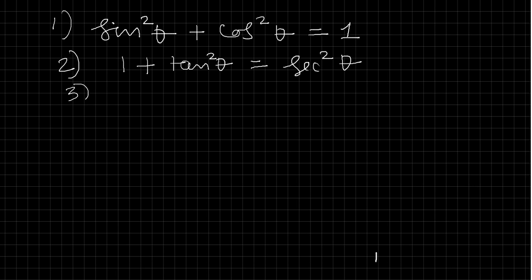And the third one is 1 plus cot square theta is equal to cosecant square theta. These are the three fundamental trigonometric identities which we have studied. And based on these fundamental identities, let us try to solve a problem.